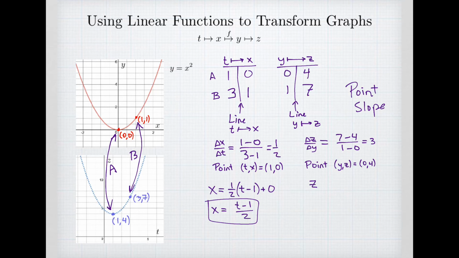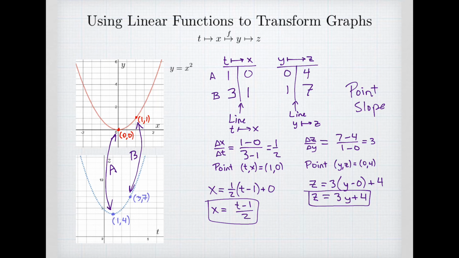My output variable equals the slope times my input variable minus the value, plus the output value. So I can simplify this as z equals 3y plus 4. And that will be the equation for my second linear formula.